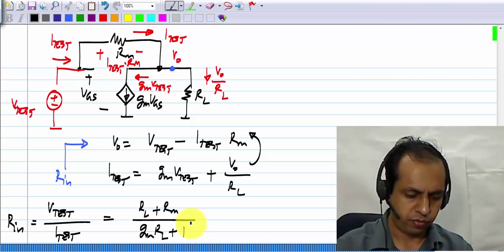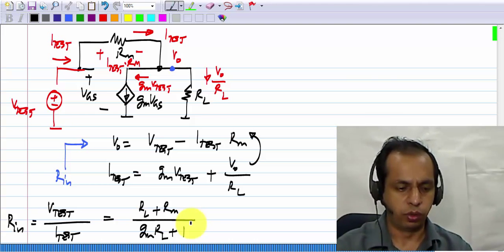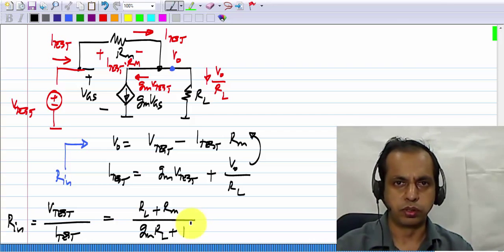So this is the resistance looking into the input.